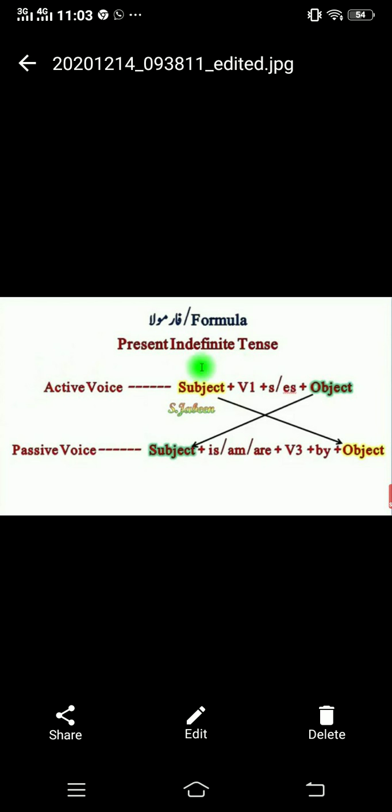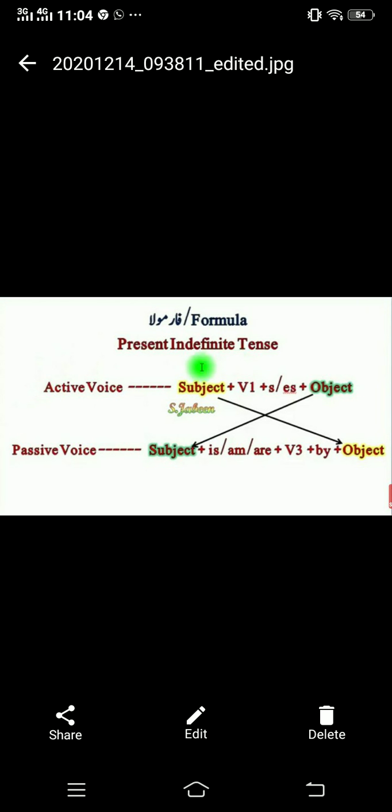After that, like I told you on the last page, the use of is, am, are. We will write it according to the relevant subject, meaning the object that has been changed into the new subject, whether our subject is singular or plural. We will use the helping verbs is, am, are.